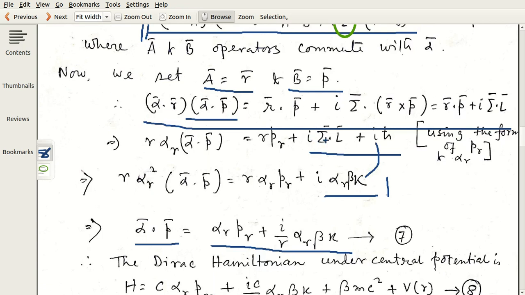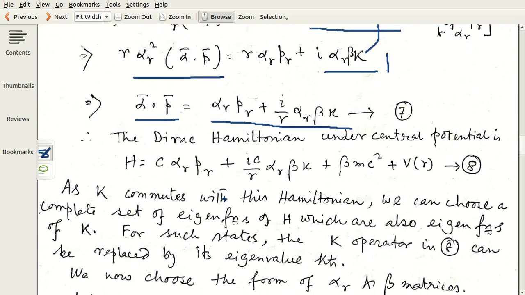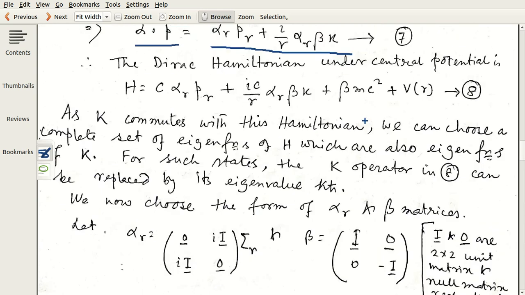Take I common, sigma dot L plus H cut, which is equal to beta K. And if you have alpha R in the left side, multiply by alpha R throughout, so you obtain alpha R square here. Then alpha R square equals 1, so you use these matrix properties of alpha and beta, and you obtain alpha dot P equals alpha R PR plus I by R alpha R beta K. That's a beautiful algebra, in fact. You will enjoy doing it.